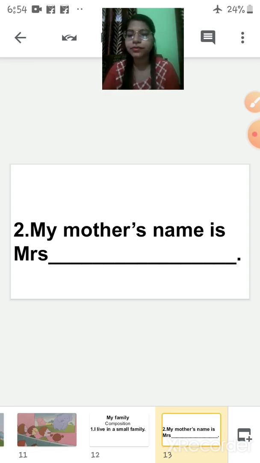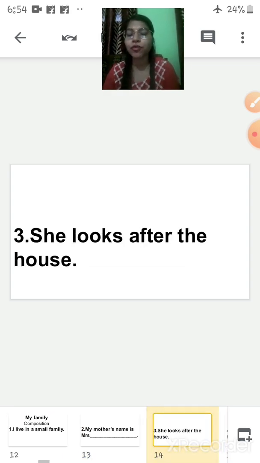Now, the next point is: she looks after the house. When there is no one at the house, only our mother is there. So she looks after the house, isn't it? But some of your mothers must be going to office also. Some of your mothers must be working also. Yes. So here: she looks after the house.